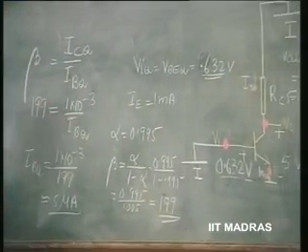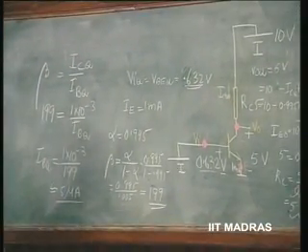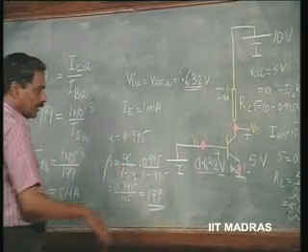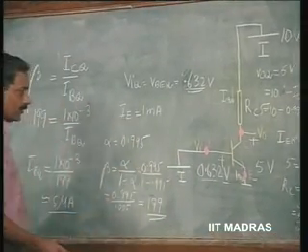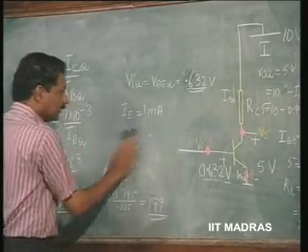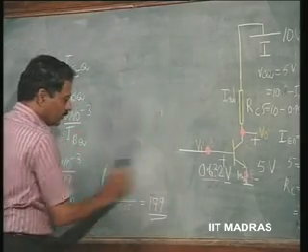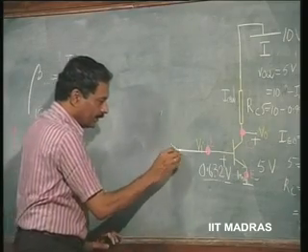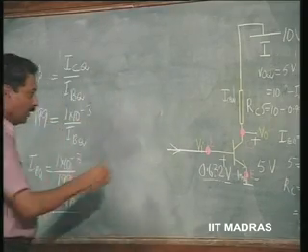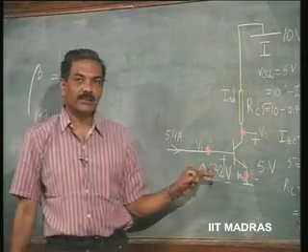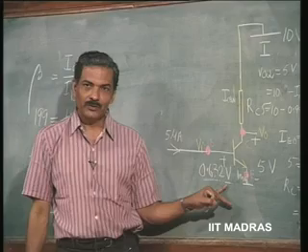So, an alternate way of biasing this is, instead of using this 0.632 volts, I will bias this such that 0.632 volts is got by a current, and that current can be about 5 microamperes. Then automatically this will be 0.632 volts.